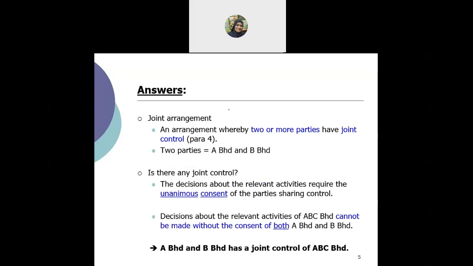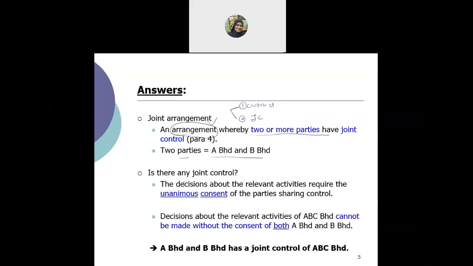We need to look at the criteria. The first one is a contract: is there any contract, and does it mention joint control? An agreement whereby two or more parties have joint control. The two parties here are A and B, and we have a contract.